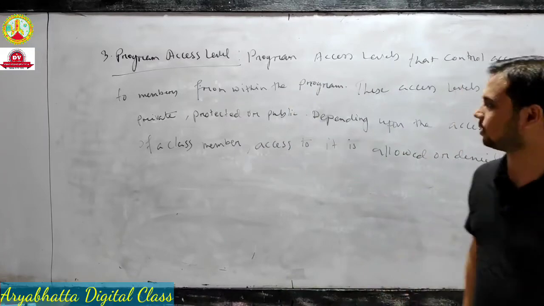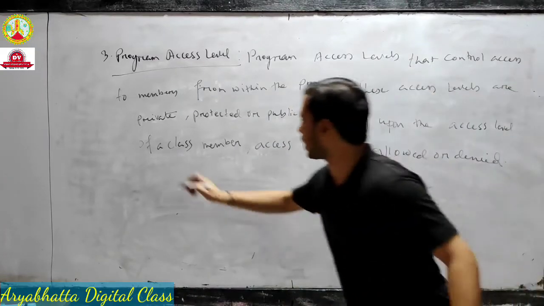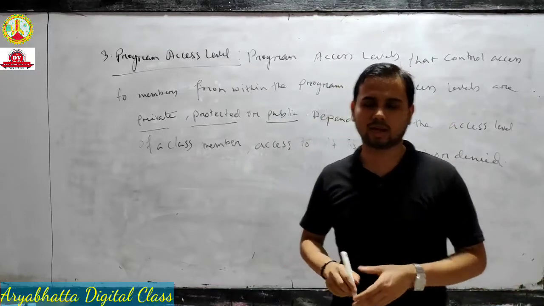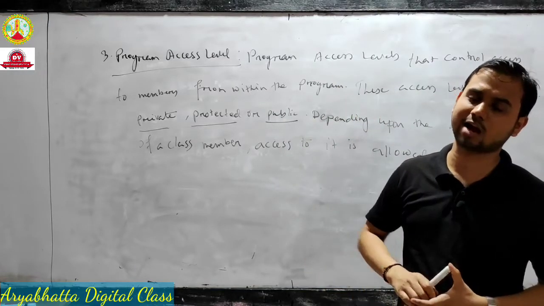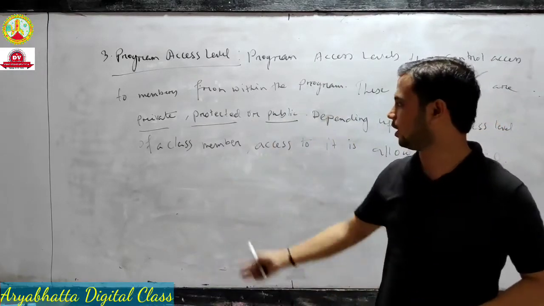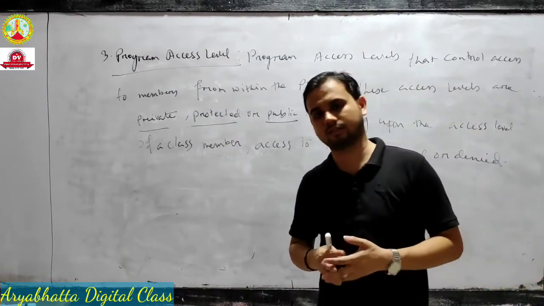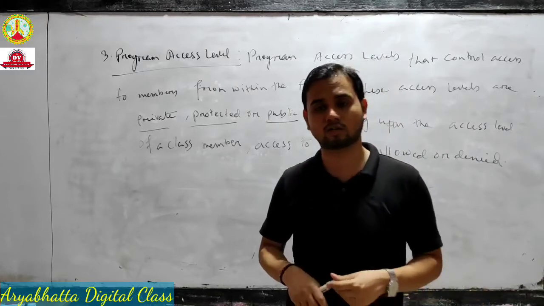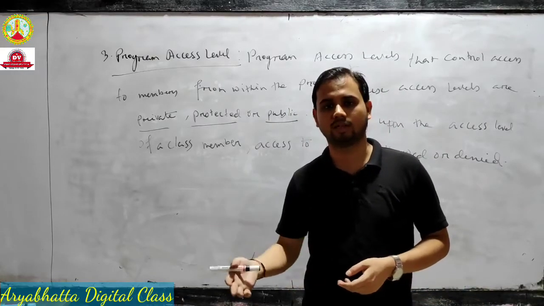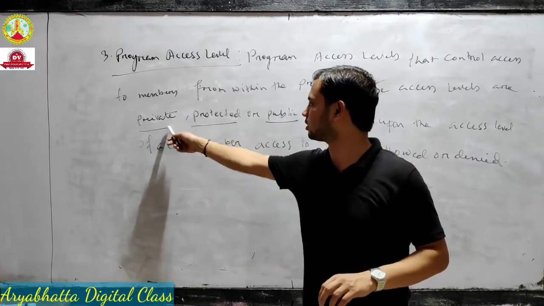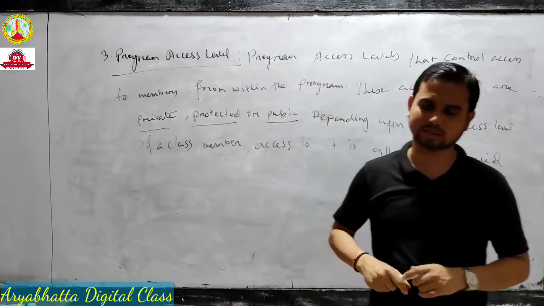In a program, we have three accessibility modes: private, protected or public. Public means the class member can be accessed from outside the class, and when the accessibility mode is private or protected, the class members are not accessible outside of the class, which means it is not permissible. What is private and what is protected, we will discuss in a later part.